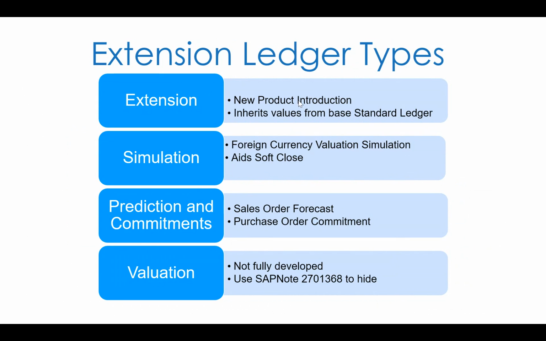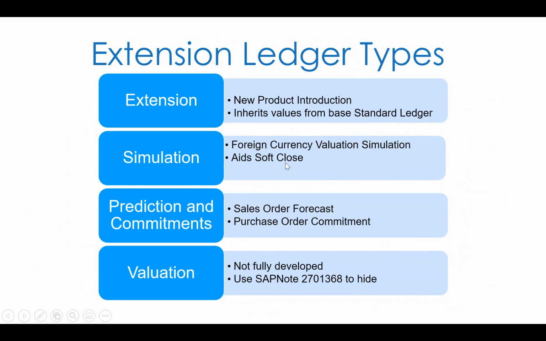Then the prediction and commitments ledger is the third type of extension ledger. That's the focus of this webcast. And we'll see some of the scenarios that we're talking about here: sales order forecasting and purchase order commitment.